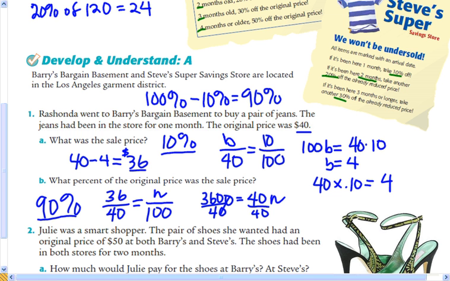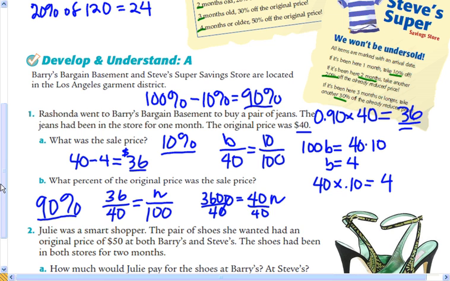And then I would say, well, my sale price is just going to be 90% of the original. And so a quick way to get 90% of the original is just to take the decimal for 90% times the price, $40, and when you multiply that, you get 36. A really quick way to come up with the sale price.